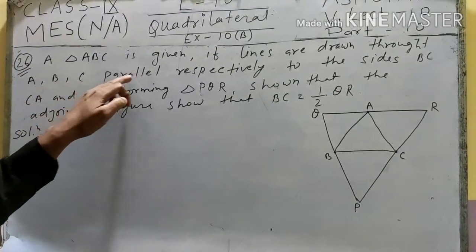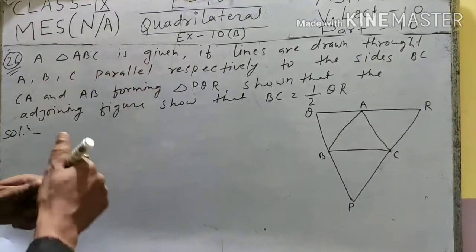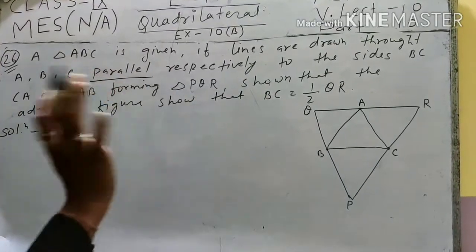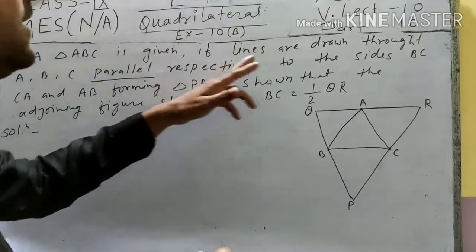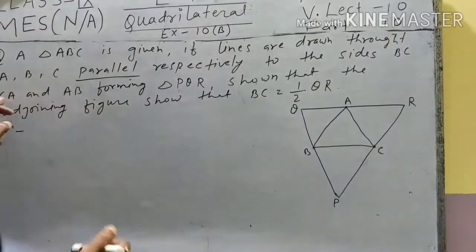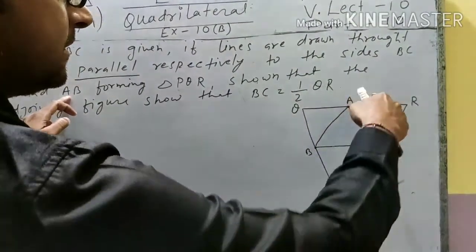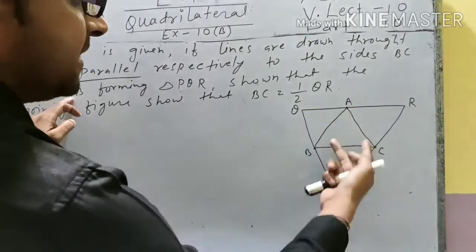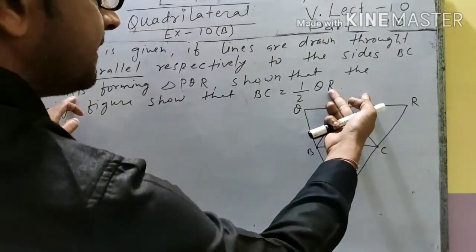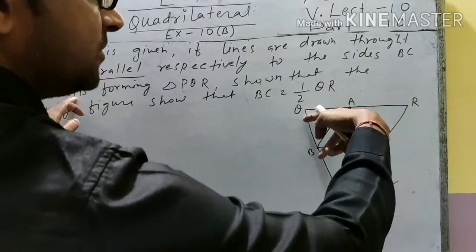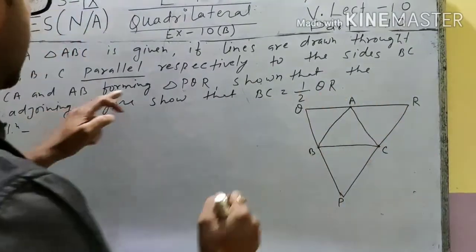The very important word here student is parallel, respectively to the sides BC, CA and AB. That means this side is parallel to this side, and this side is parallel to this side, and this side is parallel to this side.